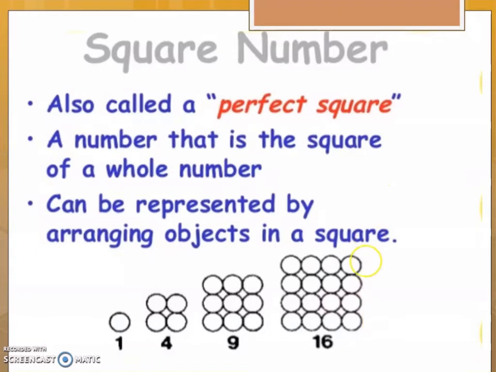So if you are adding a row, you should add a column as well. So the next square will be 25. If you add a row and a column, you will get 25 objects. So that will be your next square. So that is why these are called square numbers, because they can be arranged in the form of a square.